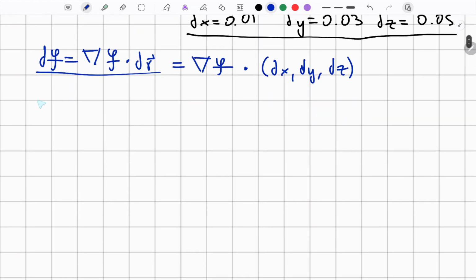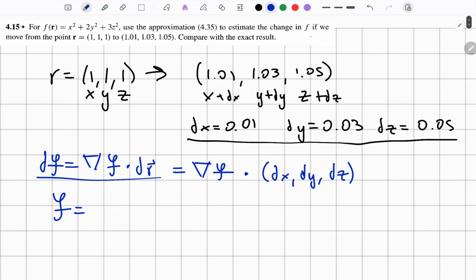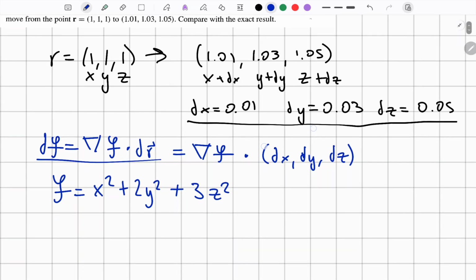Alright, so first what we'll do is find the gradient of f. Let's write out our function here and take the gradient. f is equal to x squared plus 2y squared plus 3z squared.